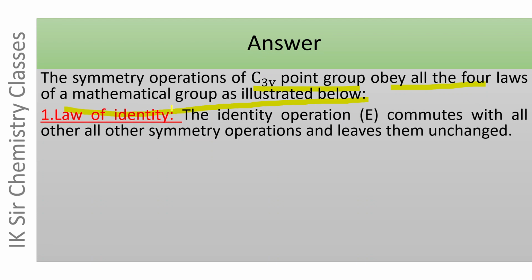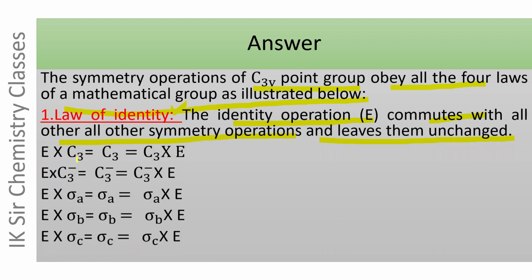Law of identity. The identity operation, that is E, commutes with all other symmetry operations of the C3v point group and leaves them unchanged.